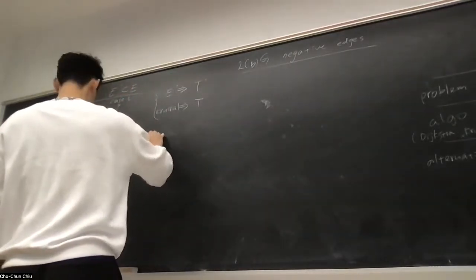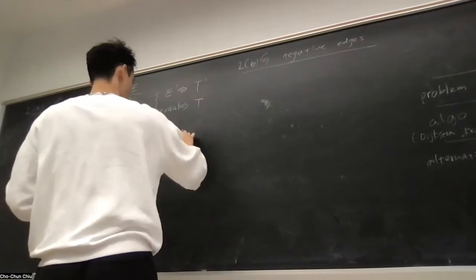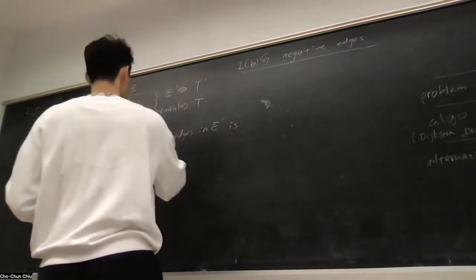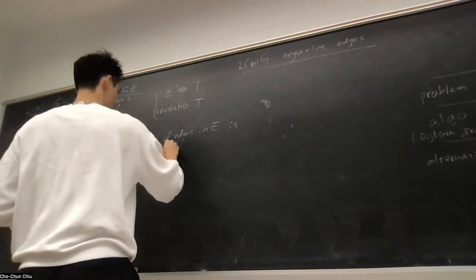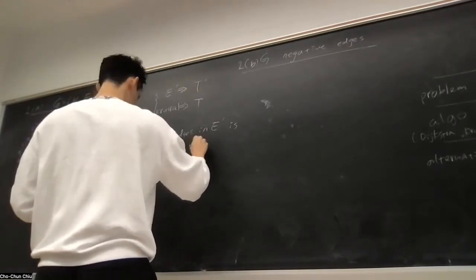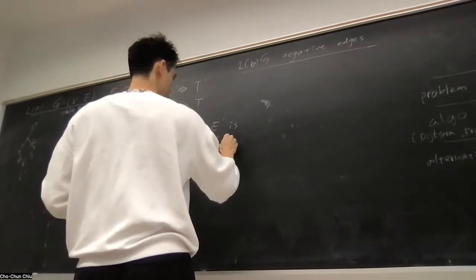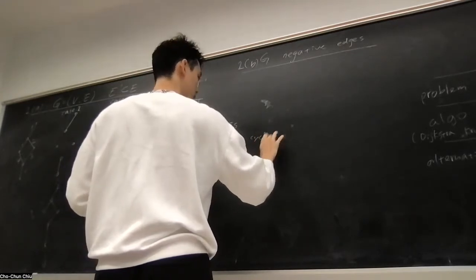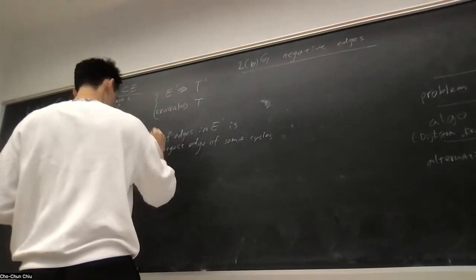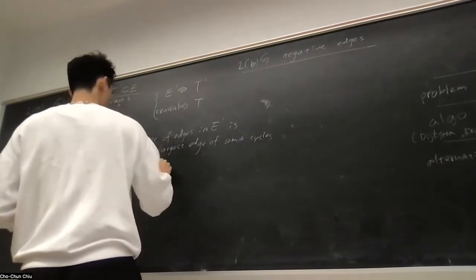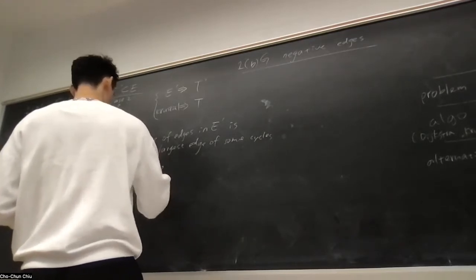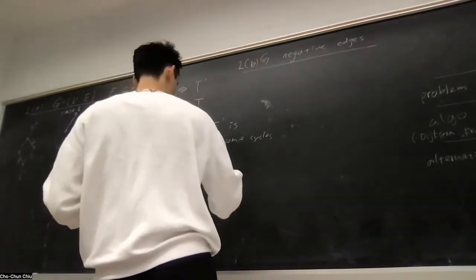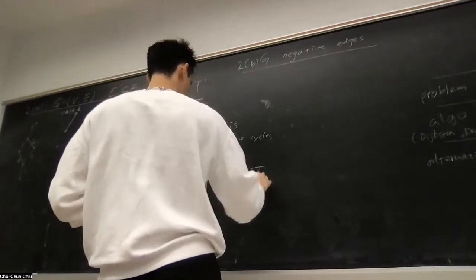Let me write down the statement. If none of the edges in E prime is the largest edge of some cycle in G, we can make sure that E prime must be a part of the MST.